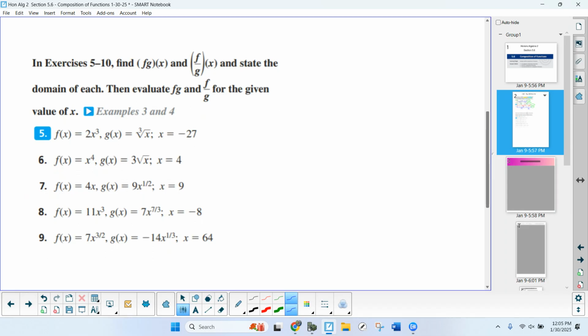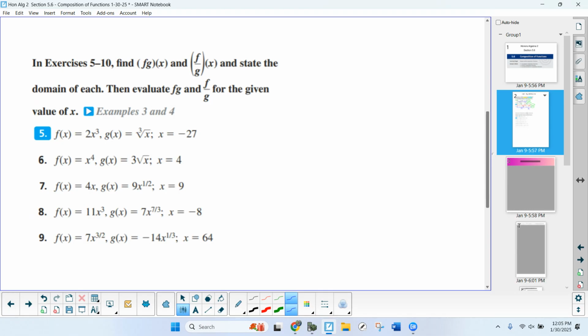Did you guys use your online book or the physical book? Online. I got 118,000. So this is number. Oh, it does say negative 27. Gosh darn it. Okay, I'll have to fix all those.